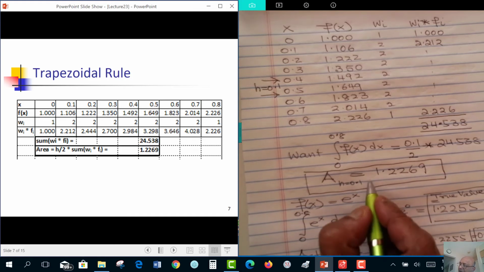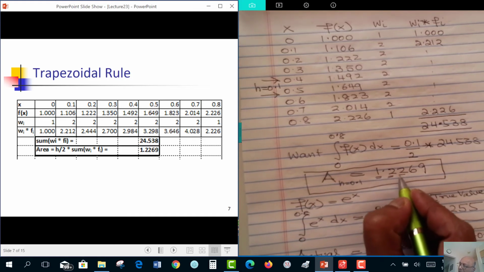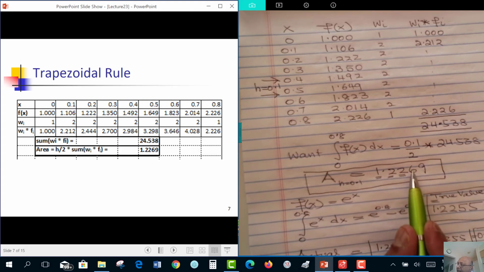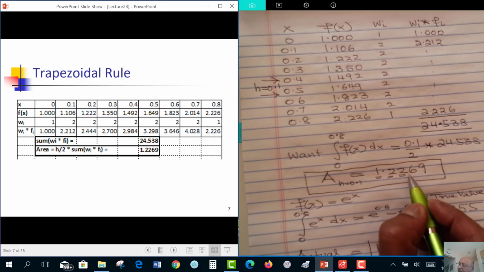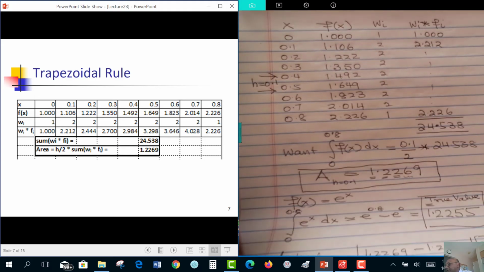So notice we are matching 1, 2, 3. This rounded up would be 7. This rounded up would be 6. So 7 versus 6, this would be uncertain. Right? So we have 3 correct decimal digits or 4 significant digits.